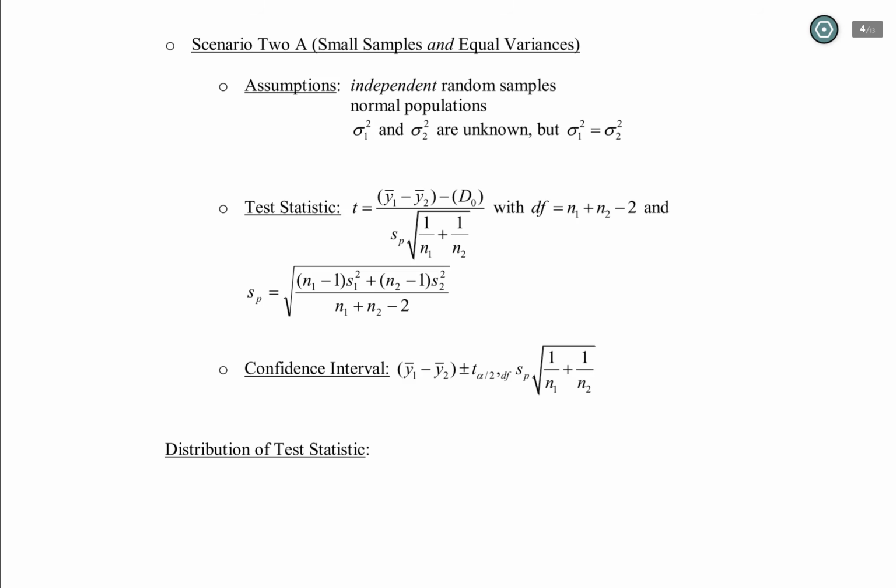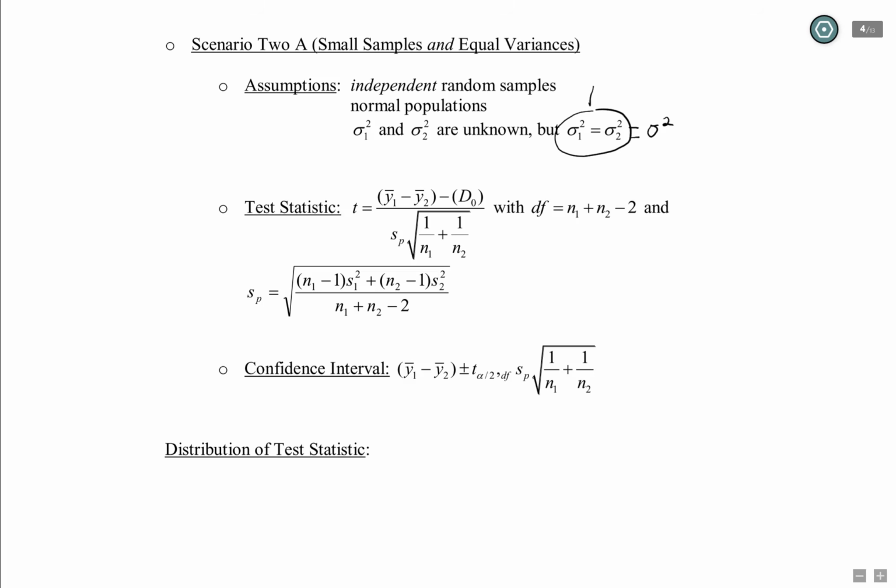The assumptions in this scenario are that I have independent random samples, that the normal populations assumption is reasonable, and that the two population variances are unknown, but I am assuming that they are equal. While I don't know them, I assume they are equal. Later on, we will test this assumption in a formal F-test.